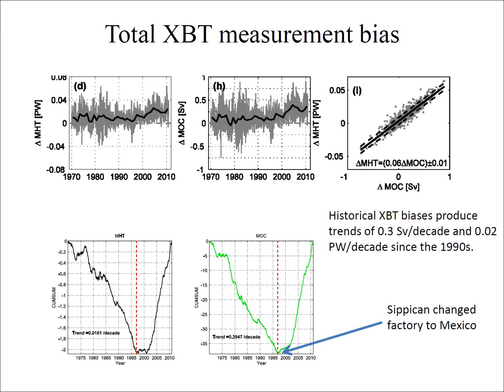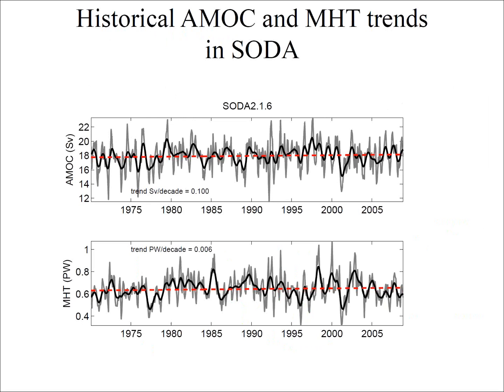So generally, the historical bias since the 90s can be 0.3 sverdrups a decade and 0.02 petawatts. So these are the biases, and how do they compare to the bias that we see in the AMOC? How would this be significant or small? So I try to address this by comparing to some historical estimates up to 1970. Of course we don't have observations by then, but we have reanalysis.